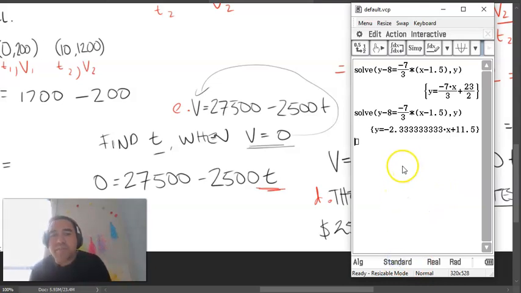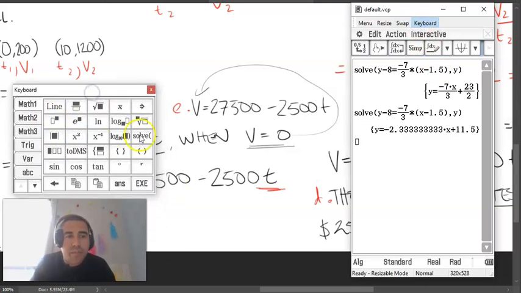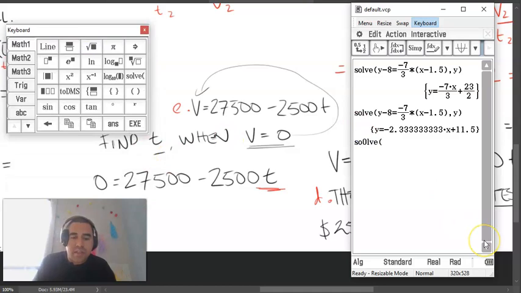We want to put it in standard format. I'm actually going to show you via the keyboard, because you don't have the function of just typing in solve. There we go, solve. It's in math 1. Go into solve, and we're going to type in this equation as is. 0 is equal to 27500 minus 2500 times... Take 2.